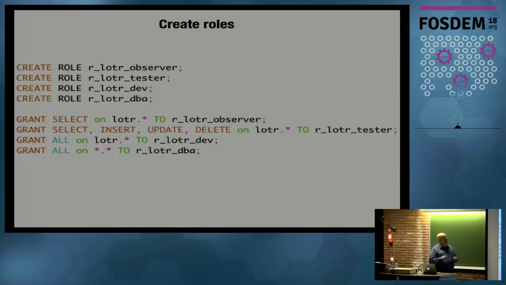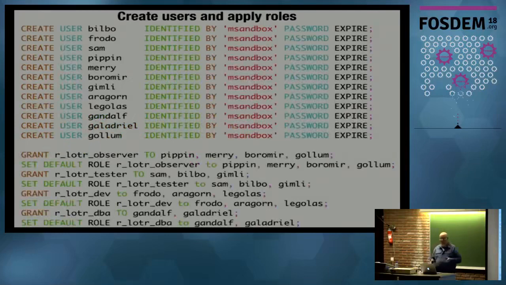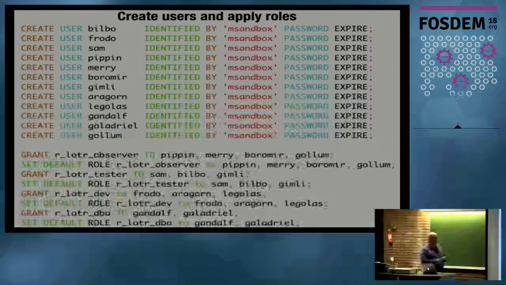Then we assign the roles to the users, and we have users that, of course, belong to this database, and are Bilbo, Frodo, Sam, Pippin, Merry, Boromir, Gimli, Aragorn, Legolas, Gandalf, Galadriel, and Gollum. And if you know the story, you know that the DBA go to Gandalf and Galadriel because they cannot go to anybody else.